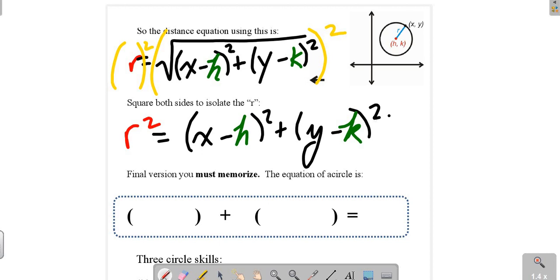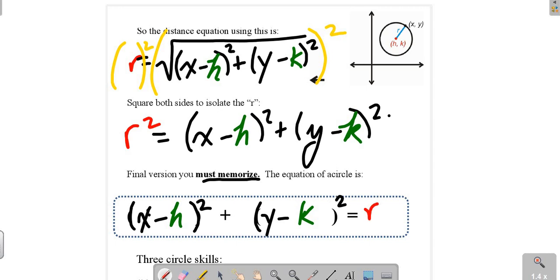So the final version of the circle equation, normally we just flip it around the other way, the way you have it in textbooks. So here's your final equation, and this is the one that you must memorize. This is the standard equation of a circle. x minus h parentheses squared plus y minus k parentheses squared equals radius squared.